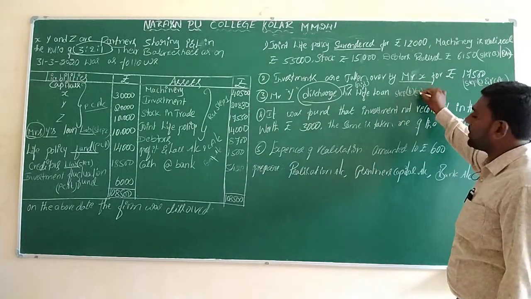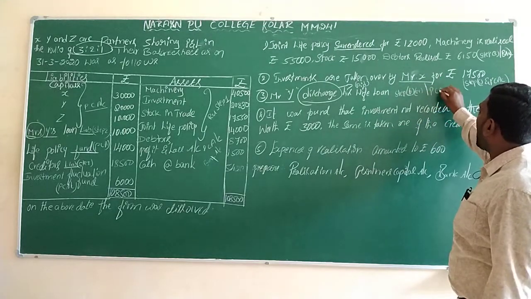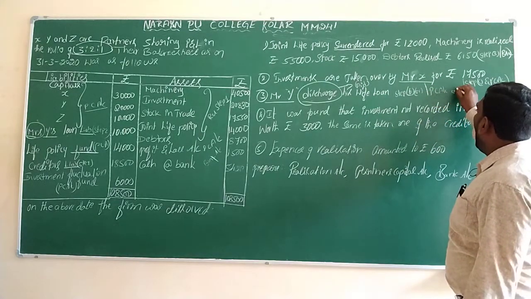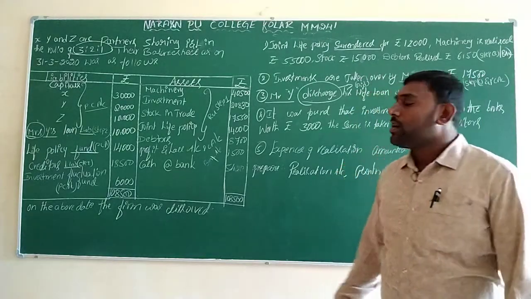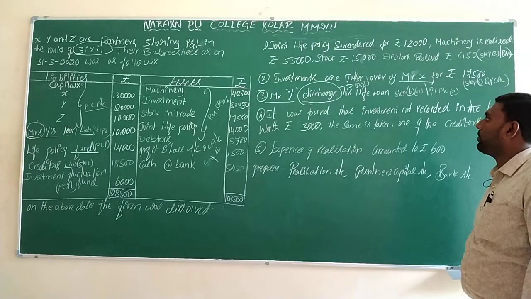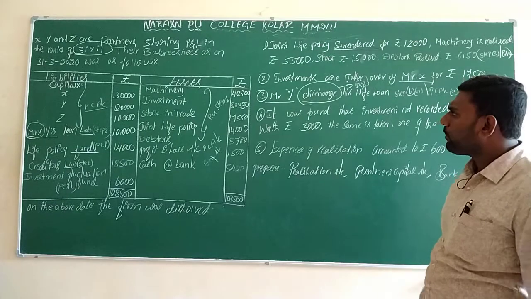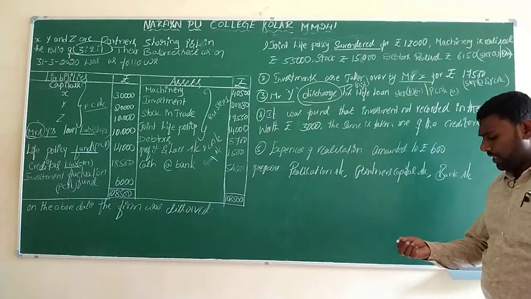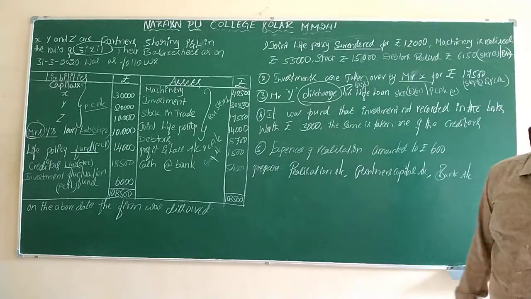Again we have to write it in the partner's capital account, on the credit side. Totally Mr. Y discharged his wife's loan, step number 6, on the debit side of realization account, and the same transaction we have to write under the credit side of the partner's capital account. So this is also a new adjustment for you people.